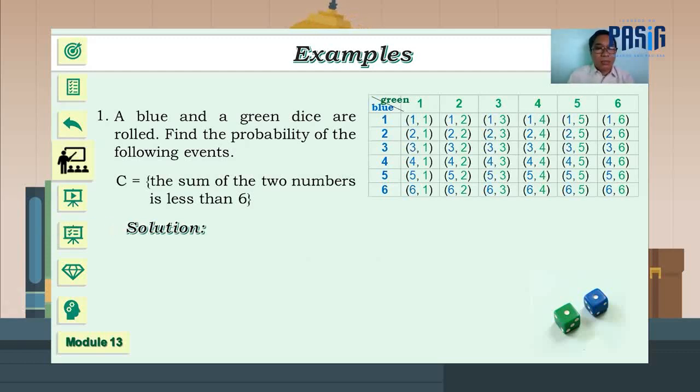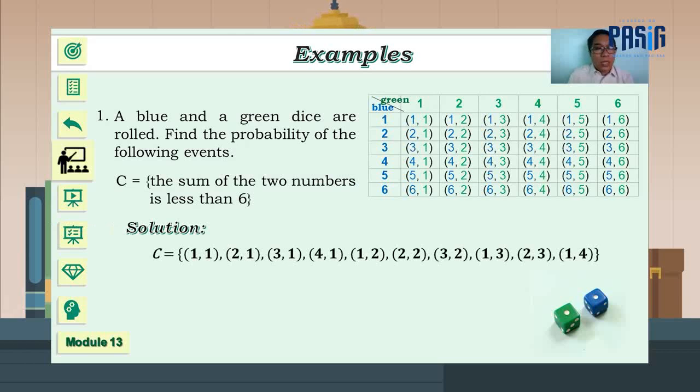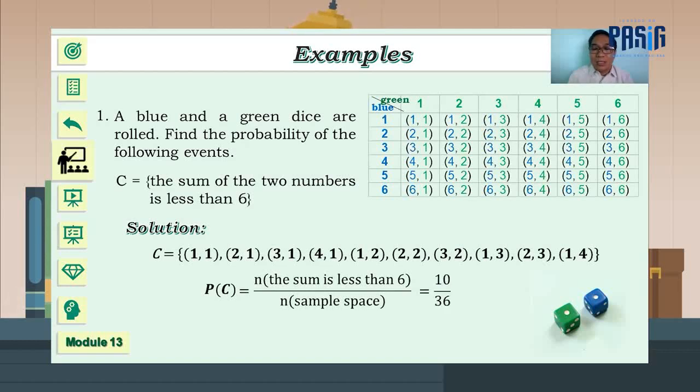So we have 10 favorable outcomes for event C. The probability is 10 over the sample space, which is 36, and reduced to lowest terms, that is 5 over 18.